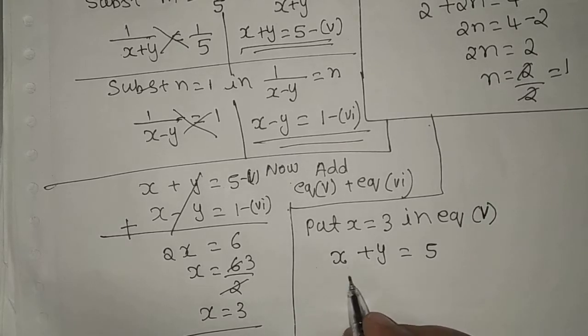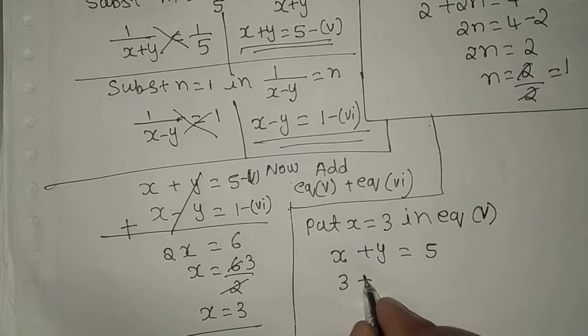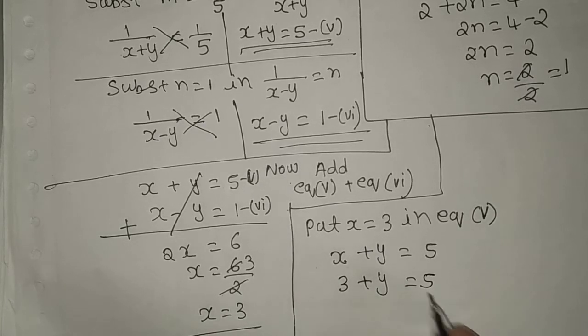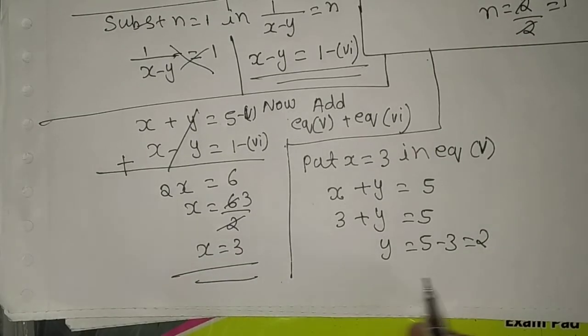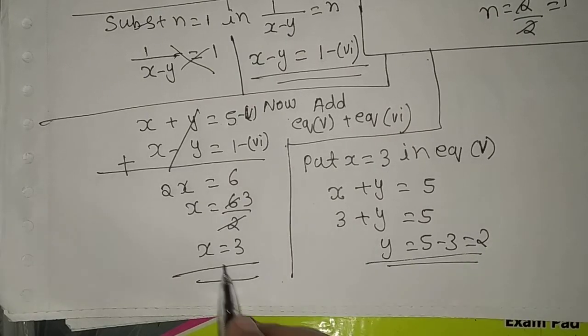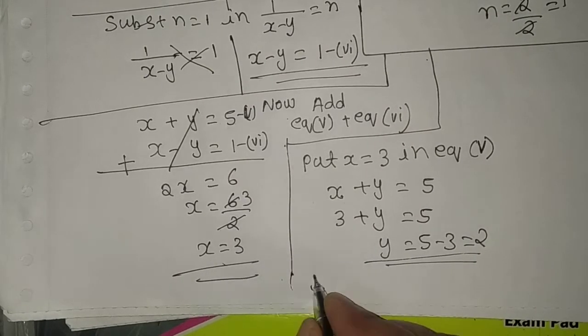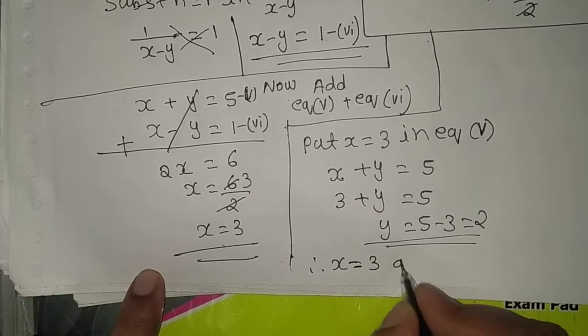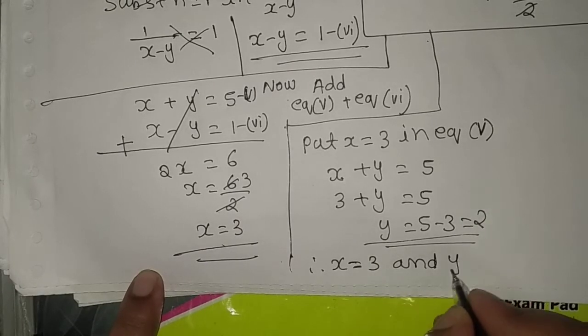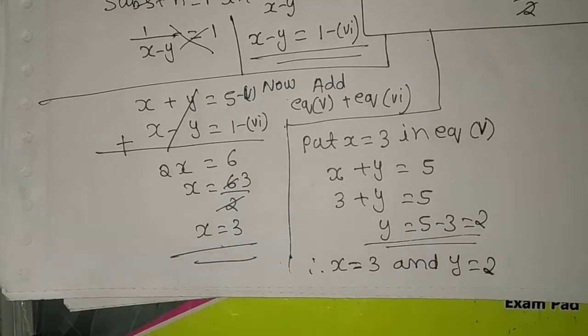Then x we are getting is 3. So 3 plus y is equal to 5. y is equal to 5 minus 3, which is equal to 2. Therefore finally we'll write x is equal to 3 and y is equal to 2 is the answer.